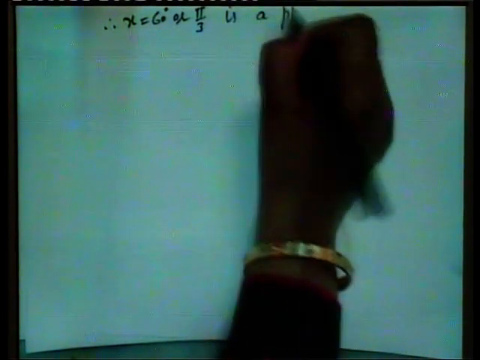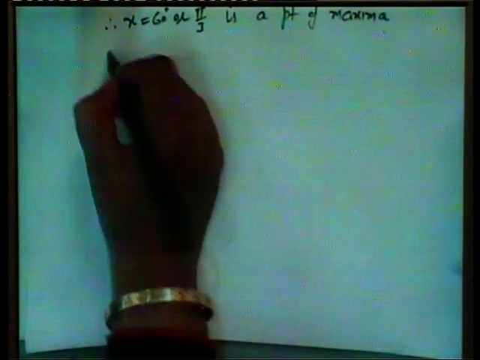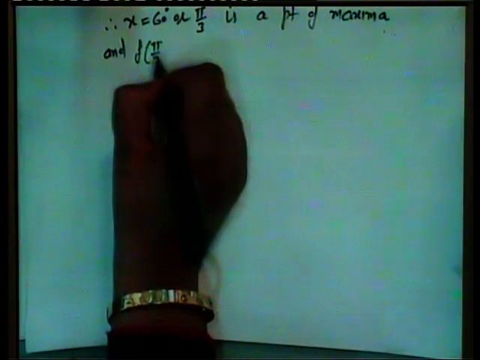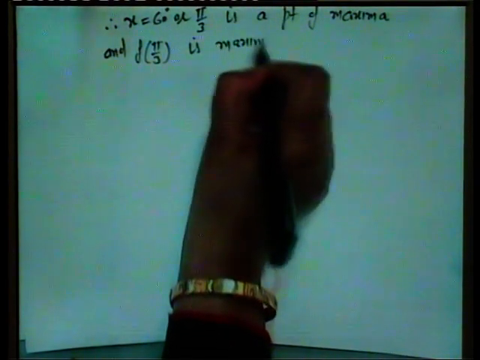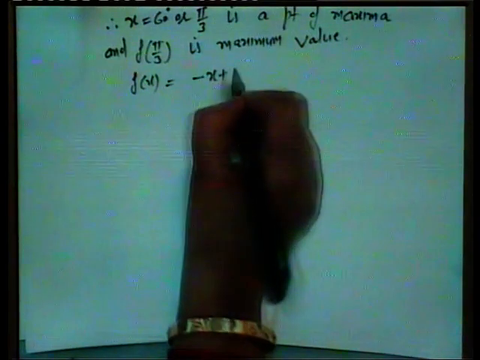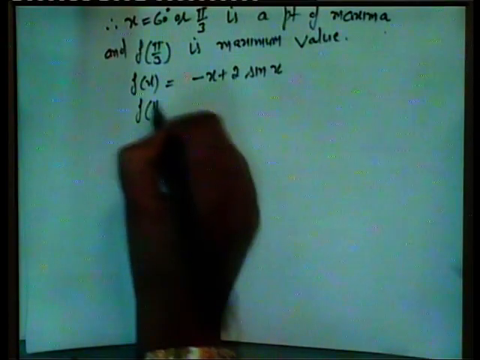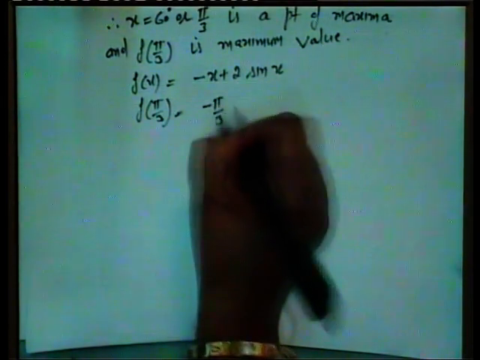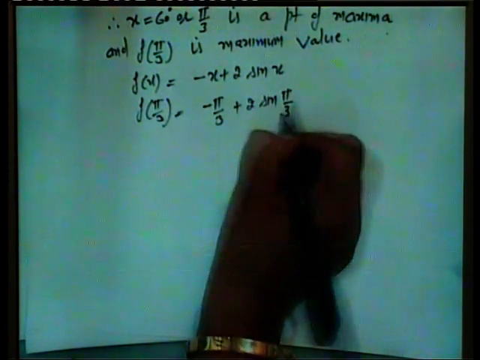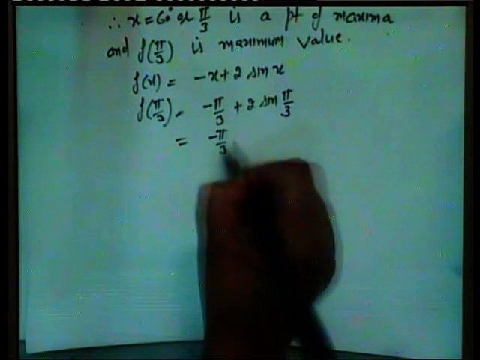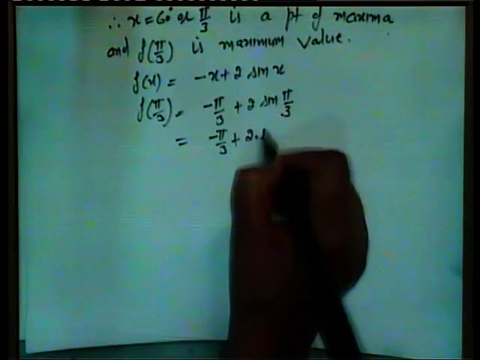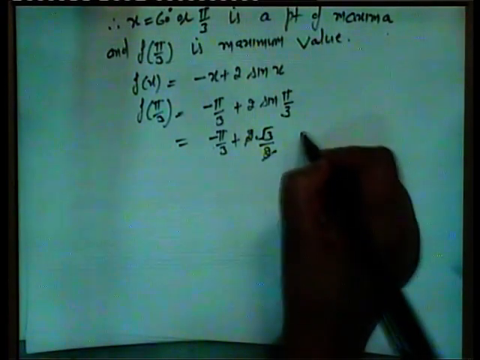Therefore, x is equal to 60 degree or pi/3 is a point of maxima because the double derivative is negative, and f(pi/3) is the maximum value. f(x) is minus x plus 2 sin x, therefore f(pi/3) is minus pi/3 plus 2 sin pi/3, minus pi/3 plus 2 sin pi/3, the value of which is √3/2. This is our maximum value.